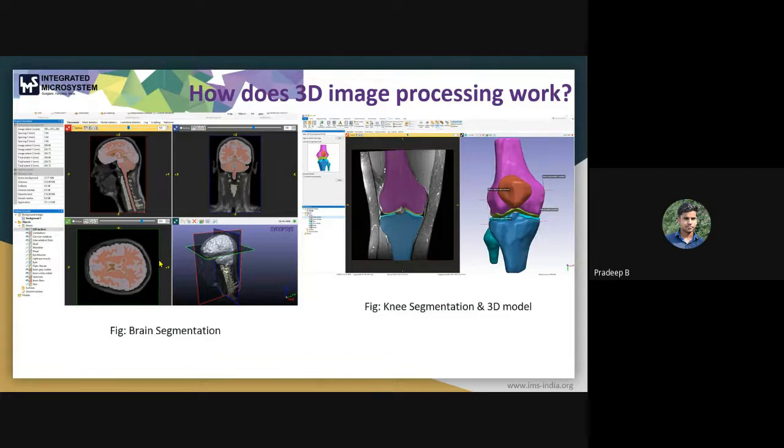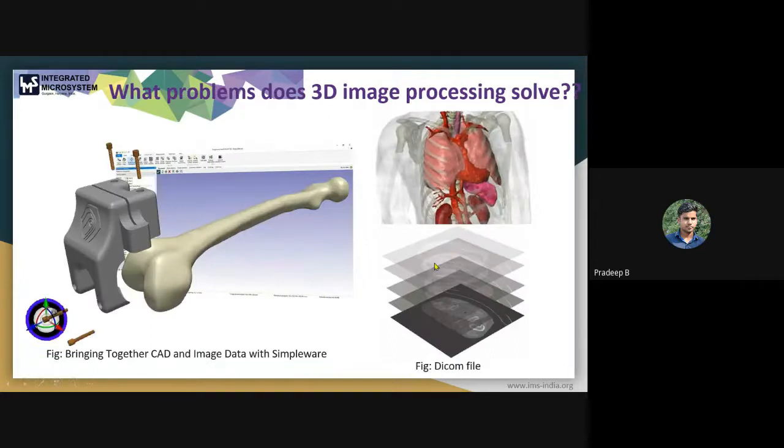Different tissues have different concentrations of these protons, so different grayscale intensities arise in the images. Here you can see the grayscale intensity. The bone has a different grayscale intensity, and the soft tissue has a different grayscale intensity.